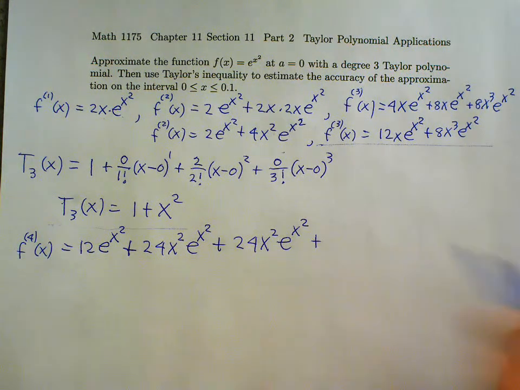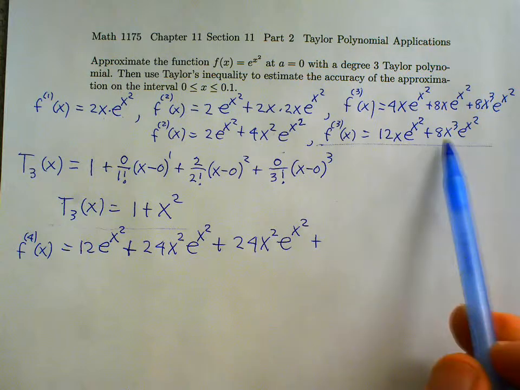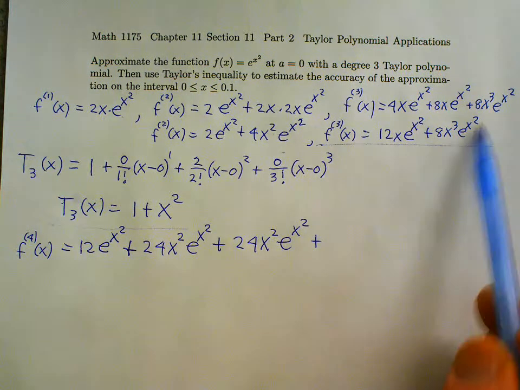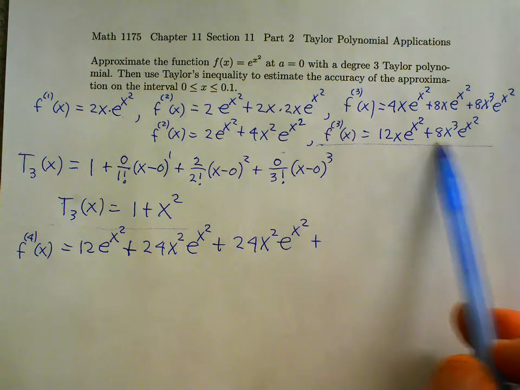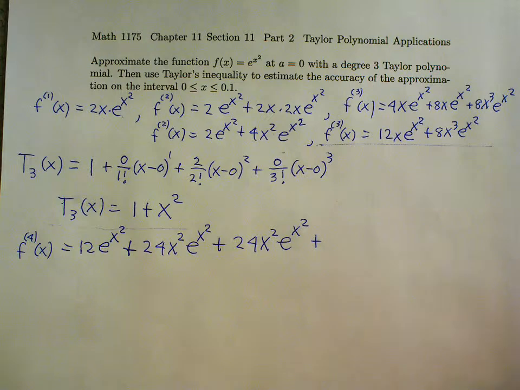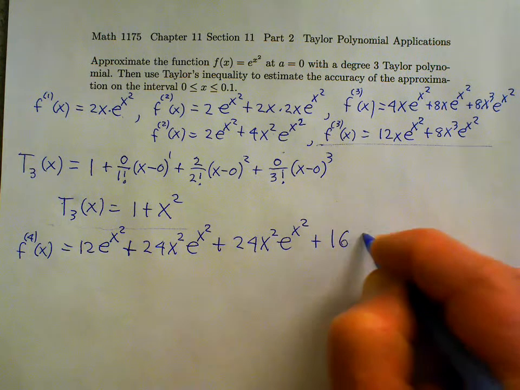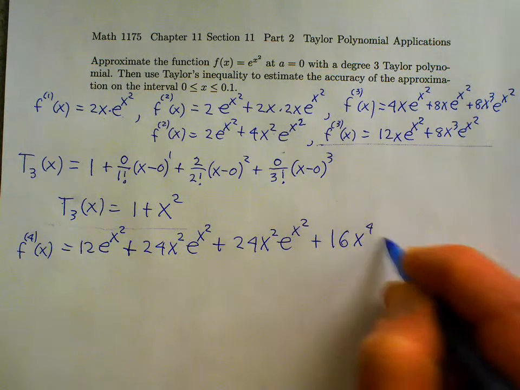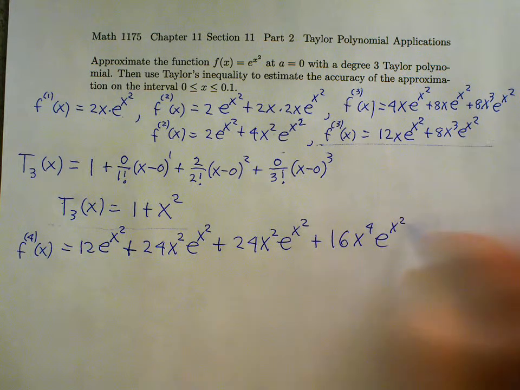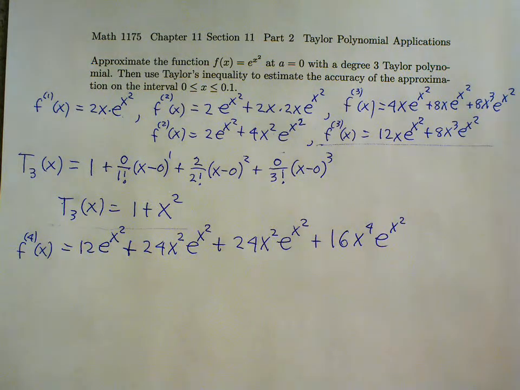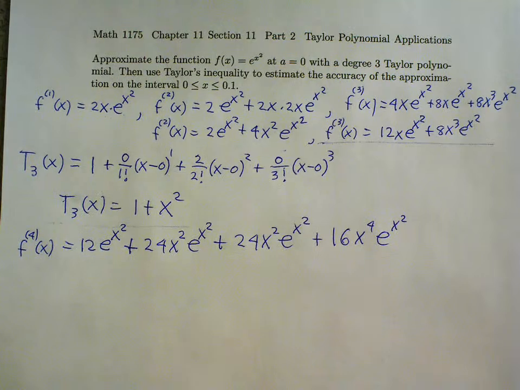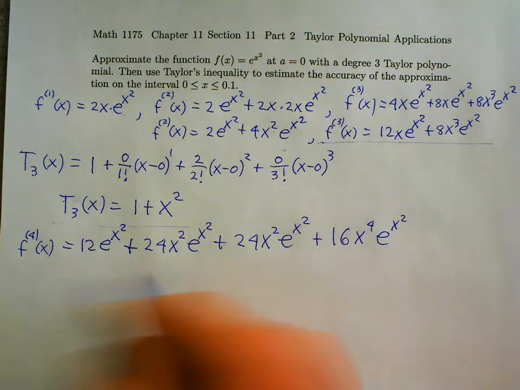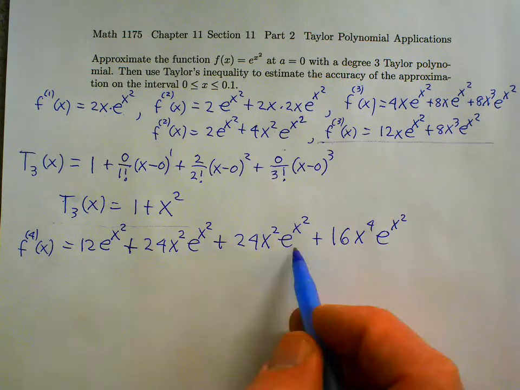And then plus 8x to the third times 2x, which is plus 16x to the fourth, times e to the x squared. Let's go ahead and simplify it because the two middle terms are like terms.